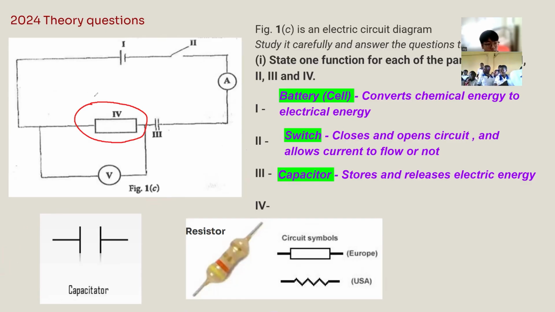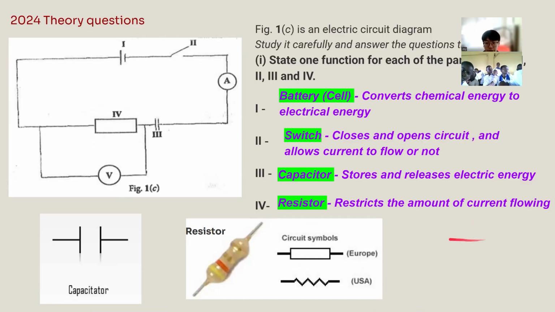And what does a resistor do in this situation? Yeah, it restricts current. That's right. The resistor restricts the amount of current that is flowing. And that is 1, 2, 3, and 4 all labeled. Okay.